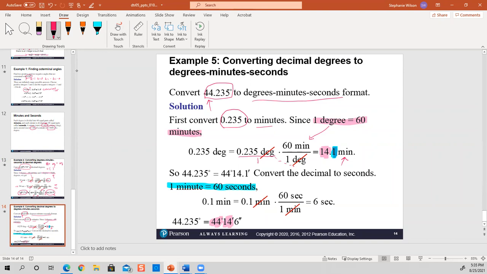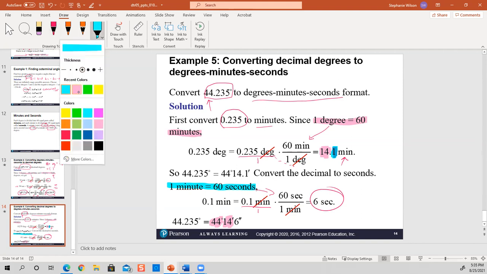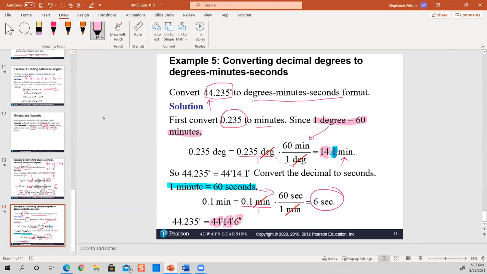So I'm going to take that 0.1 minutes and put a 1 under it. I'm going to make sure that when I set up my conversion, the minutes reduce and leave me 0.1 times 60, which gives me 6 seconds. And that gives me my final answer. So now I converted this to degrees, minutes, seconds.